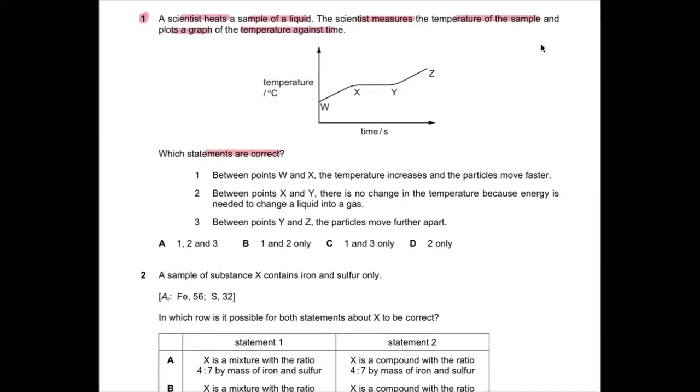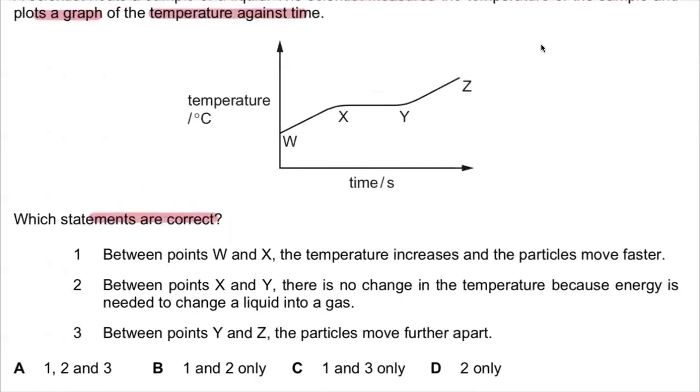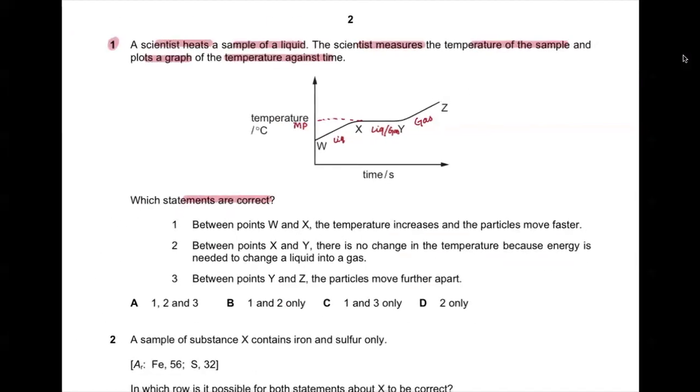If it's a liquid, it stays liquid from W to X, and from X this temperature would be the melting point, and between X and Y it stays liquid and gas both. After Y it turns gas and stays as gas till Z.